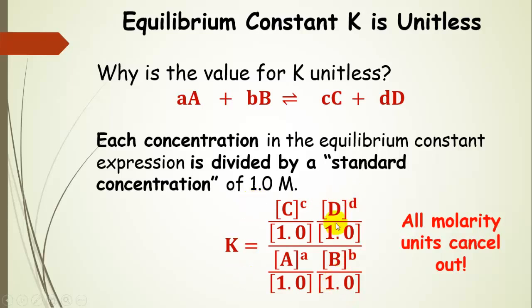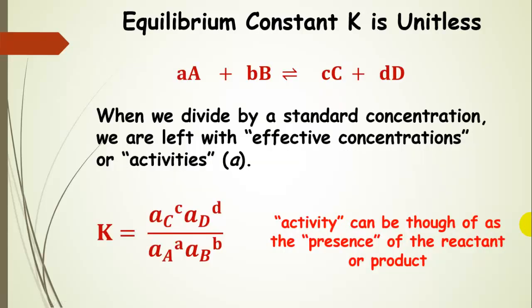Now, instead of writing this out each time and being very explicit about it, we actually rename these to something called activities. So when we divide each reactant and product by the standard concentration, then we're left with an effective concentration, or activity, which is what these are called.